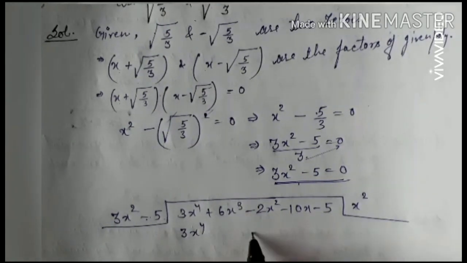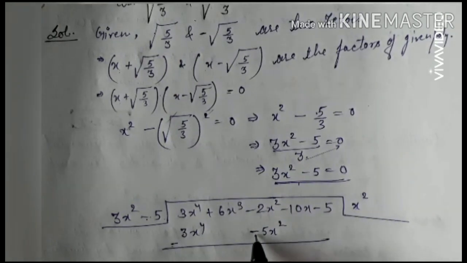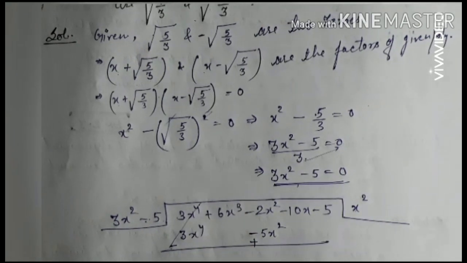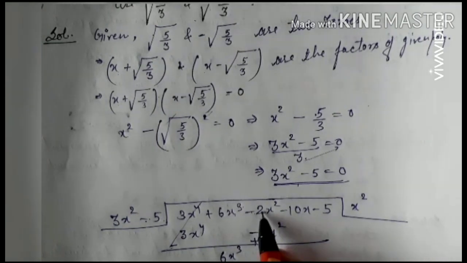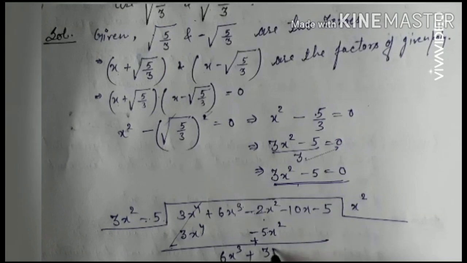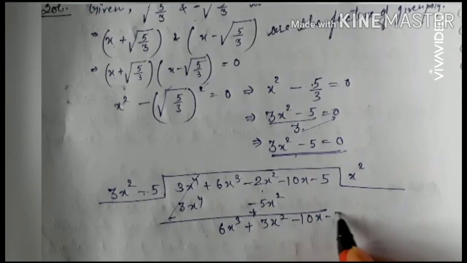We will write here minus 5x square. Now simplify: positive, negative; after the sign changes, this gets cancelled out. Here 6x power 3 remains. Minus 5x square from minus 2x square, the difference is 3, and we put plus, because in front of the greater it is positive. So it is 3x square minus 10x minus 5.